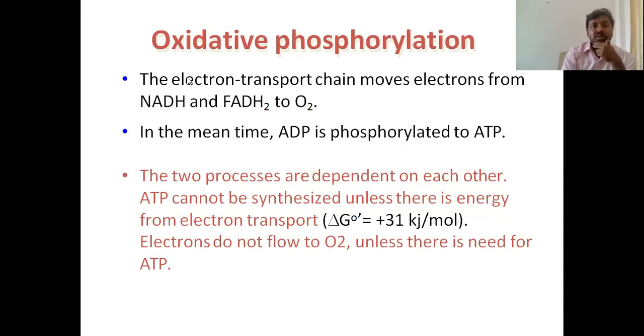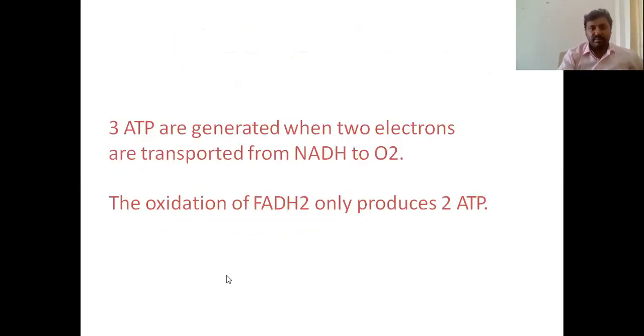So overall, in oxidative phosphorylation, the electron transport chain moves electrons from NADH and FADH2 to oxygen. In the meantime, ADP is phosphorylated to ATP. This is a simple definition of oxidative phosphorylation. 3 ATPs are generated when 2 electrons are transported from NADH to oxygen.